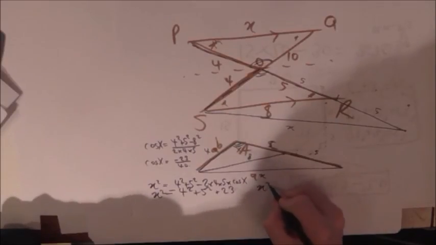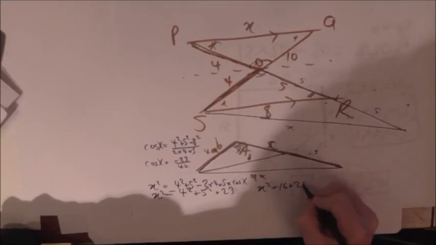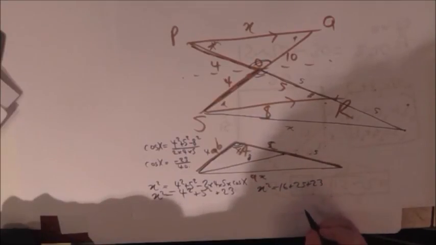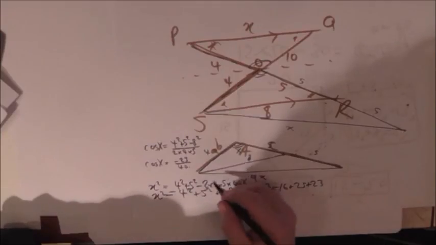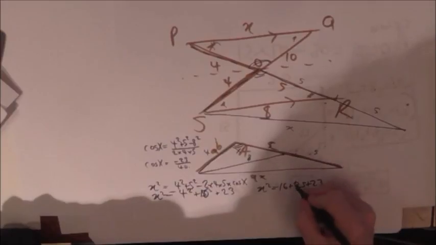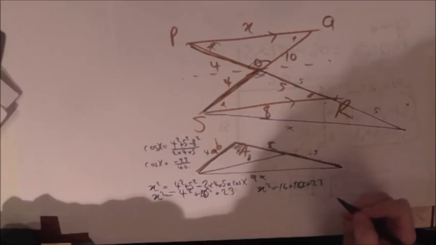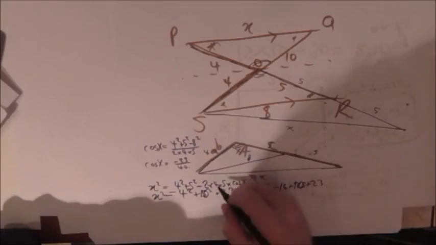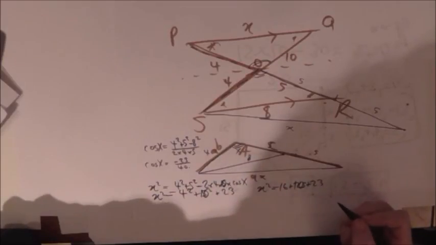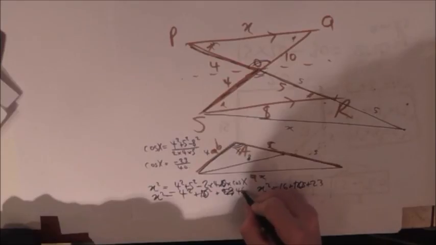So x squared equals 16 plus 25 plus 23, which is 41 plus, wait on, oh, so that's supposed to be a 10. That's supposed to be a 10, so that's 46.